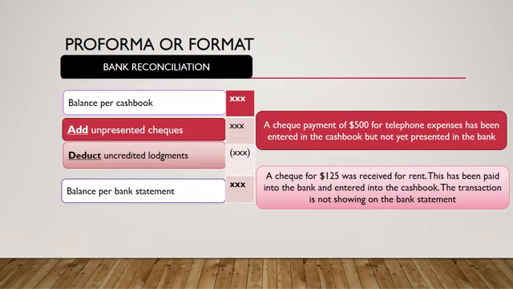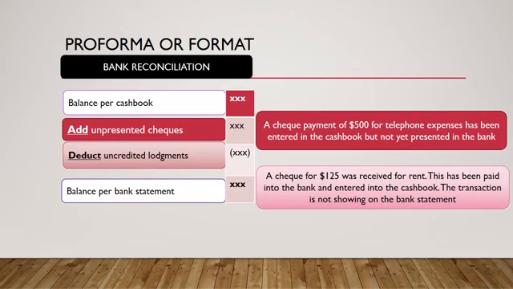Now we also have deduct uncredited lodgements. So remember, we add unpresented checks, deduct uncredited lodgements. Now remember, we are coming from the balance of the cash book. That's what you have to keep in your mind.